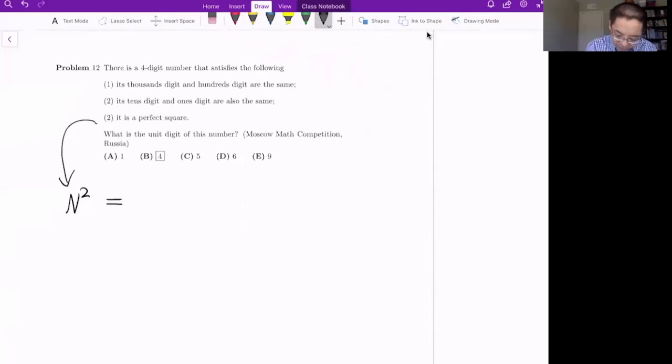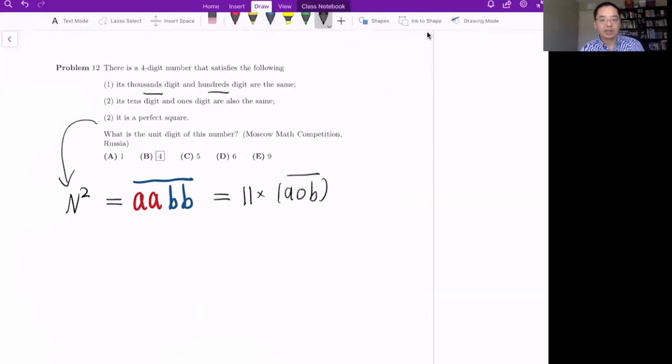The 1000th digit and the 100th digit are the same, so I can write this just as a and a, right? And then the 10th digit and the 1st digit are b. So it's AABB, right? All right, so for this one, you see I can write it as 11 times A0B. This is a 3-digit number and the middle one is 0, right?